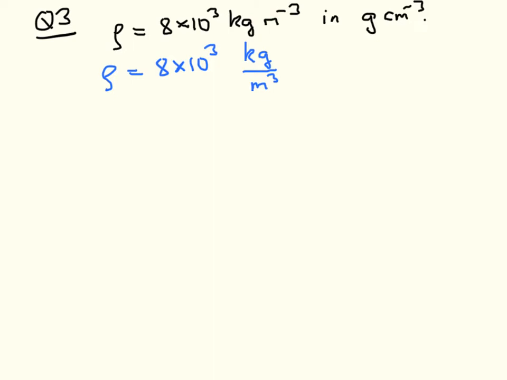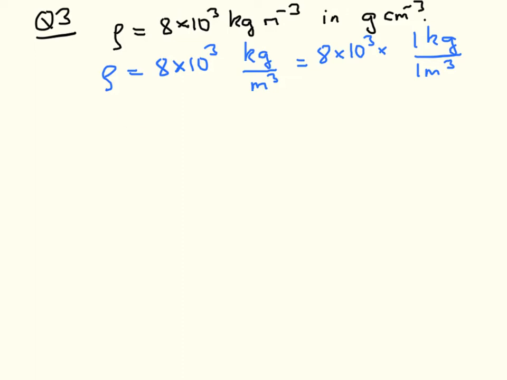And then to put this a little bit more simply, I'm going to say this is 8 times 10 to the 3, that's a number, times 1 kilogram divided by 1 cubic meter. And now all we have to do is to change these into grams per cubic centimetre, and we will have the answer. So we do this in steps.